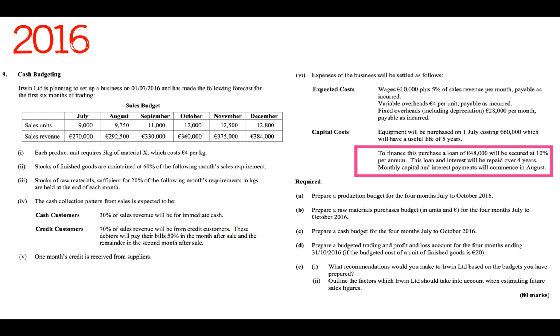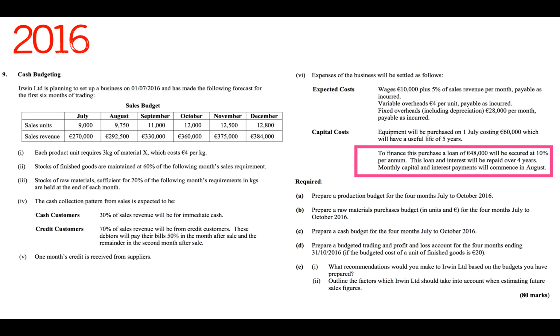To finance this purchase, a loan of €48,000 will be secured at 10% per annum. This loan and interest will be repaid over 4 years. Monthly capital and interest payments will commence in August. Okay, so let's think about this. So how much will the monthly capital payments be?